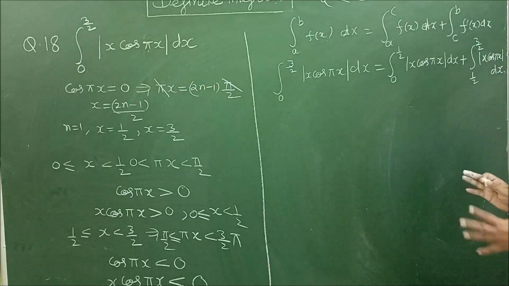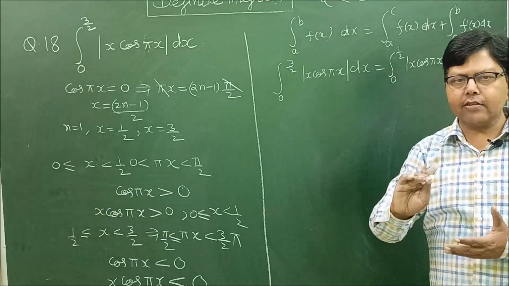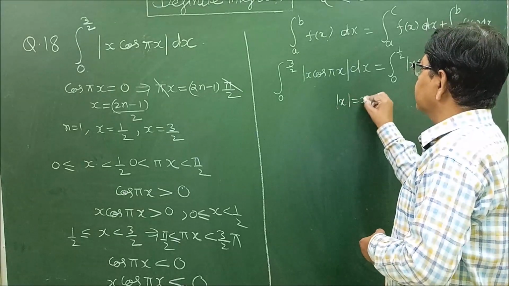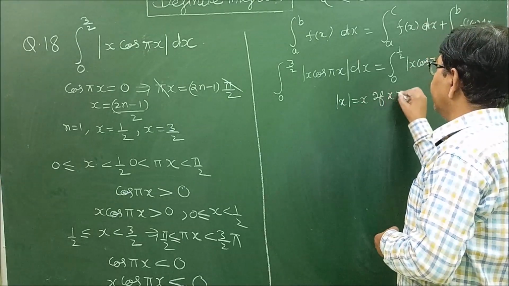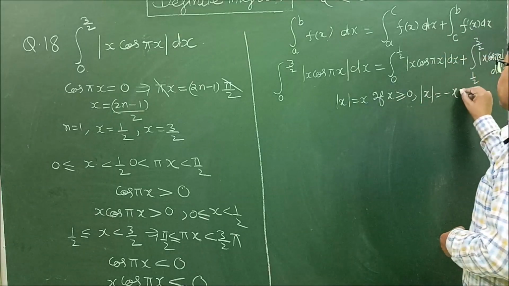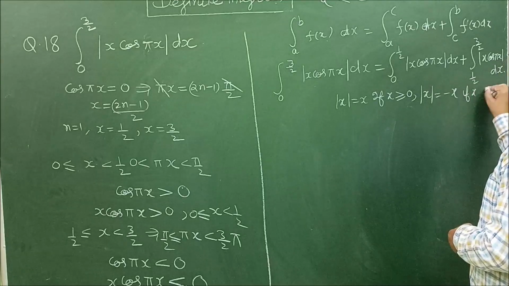Now recalling the property of mod x: mod x is equal to x if x is greater than or equal to 0, and mod x is equal to minus x if x is less than 0.